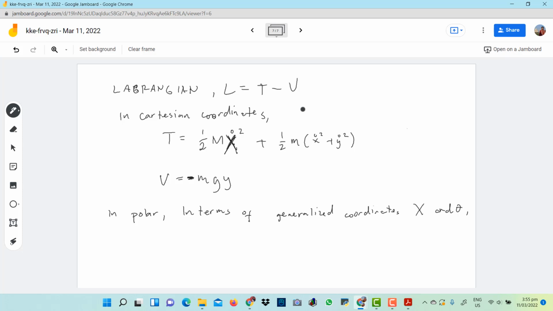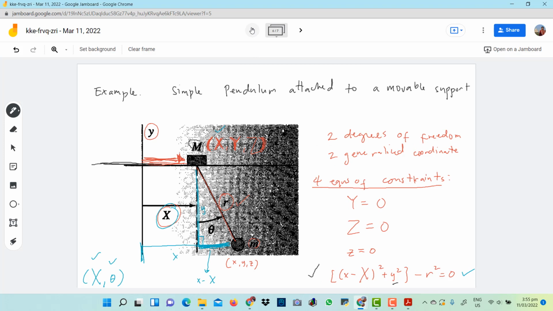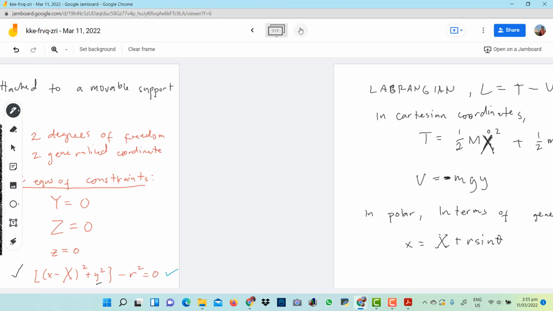We have, take note, small x is just equal to big letter X plus r sine of theta. Sakto ba? Tama ba? Is just equal to big letter X plus this one is r sine of theta. Sakto? The length of this one is just r sine theta. So therefore, my small x is just equal to X plus r sine of theta.